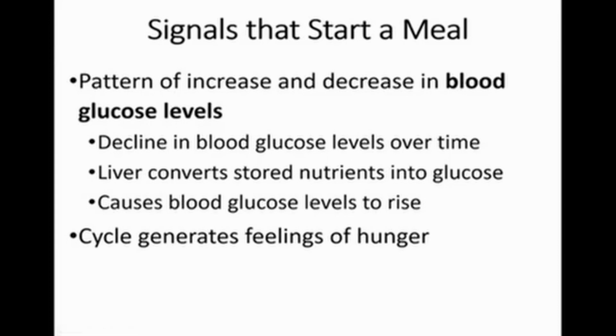But overall, we're going to start losing our stores and we'll run low on glucose free in our blood. As those levels start dropping, that generates feelings of hunger. We feel hungry because we have receptors that are picking up on these dropping glucose levels. And so that's the first thing that starts signaling hunger.